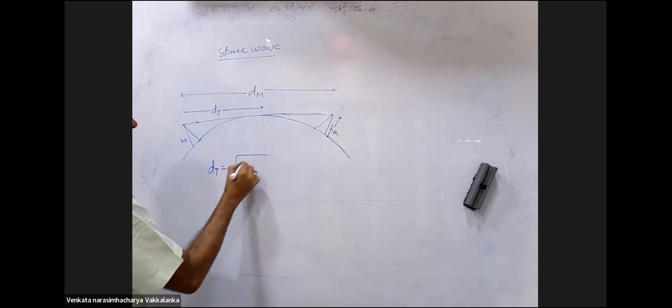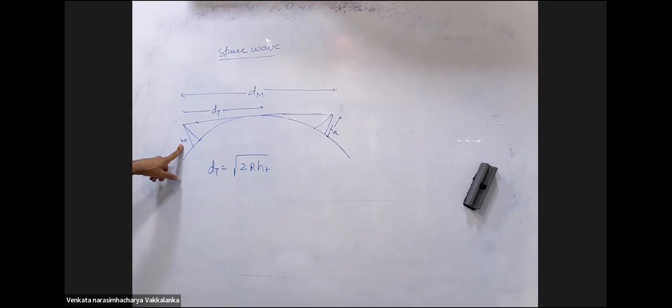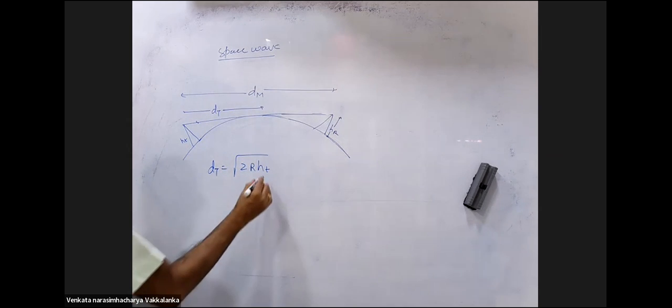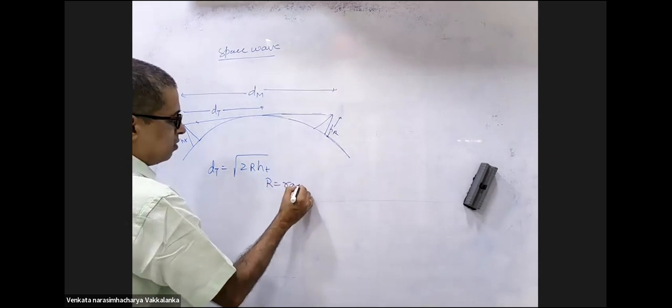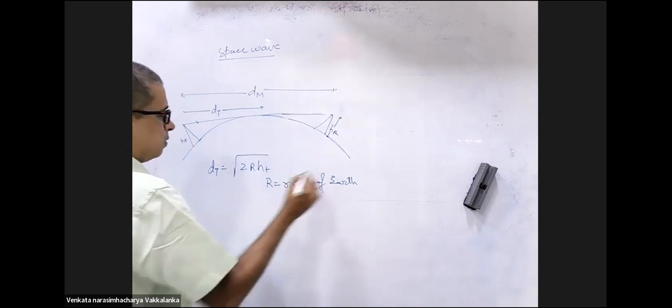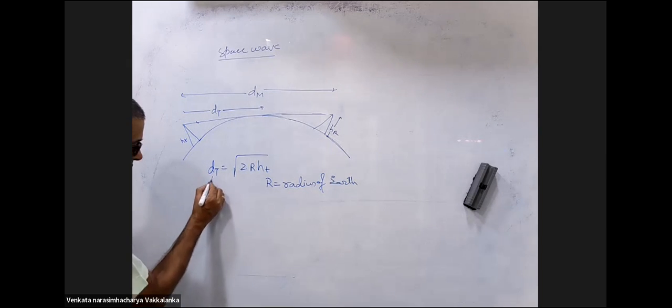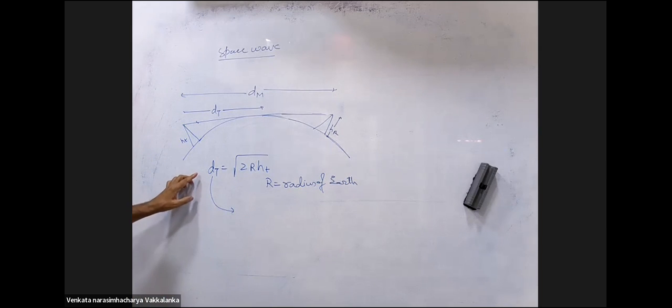dt will be root over 2r into ht, where ht is the height of the transmitting antenna and R is the radius of the Earth. Right? DT has a typical name.